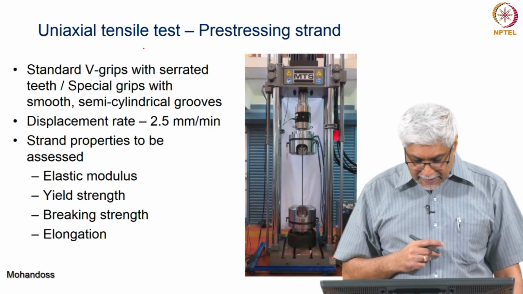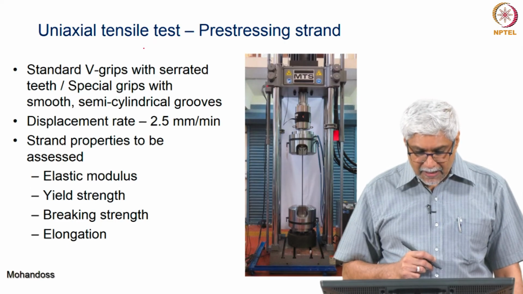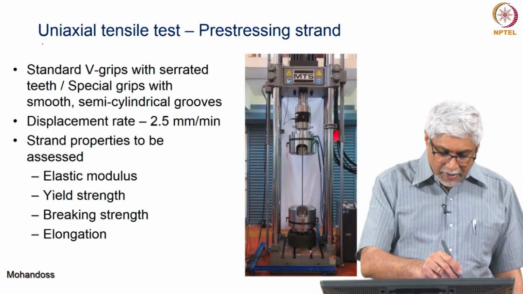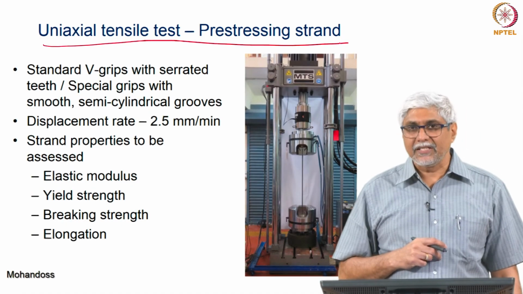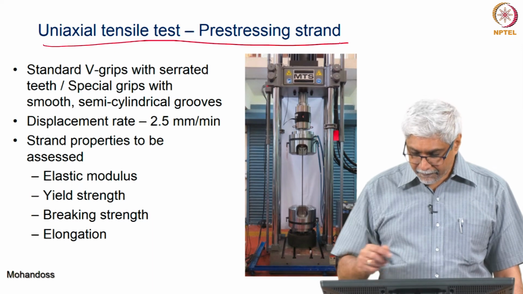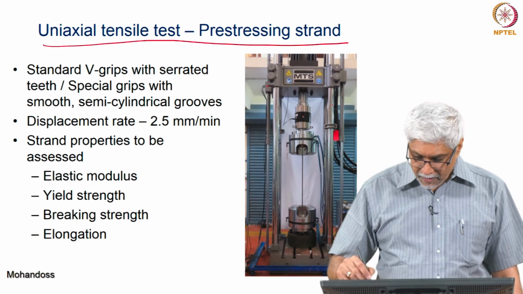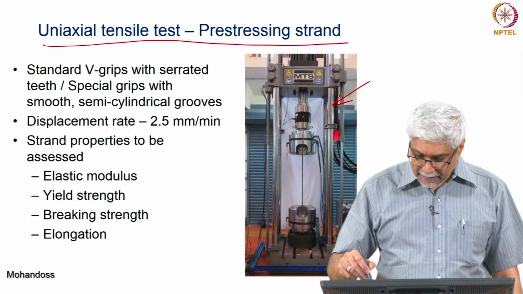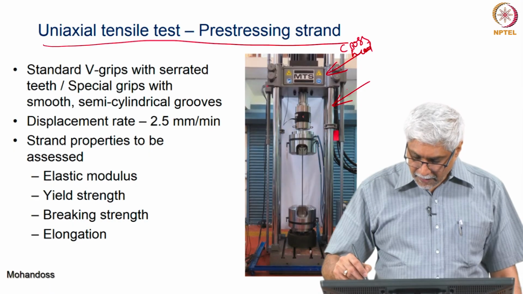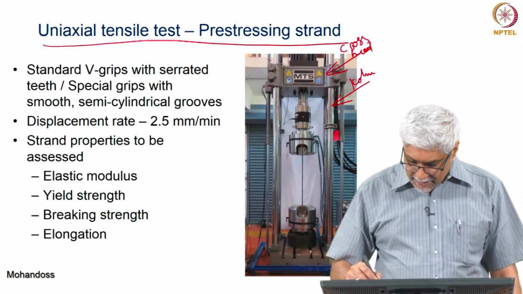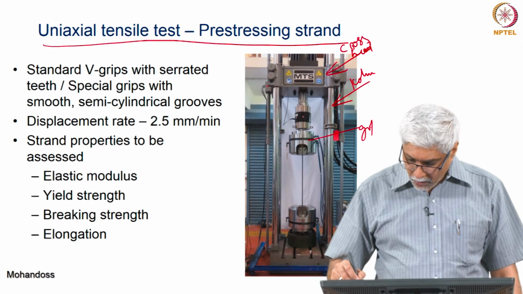Now, these are some interesting tests of Prabha Mohandas, who is looking at uniaxial tensile behavior of pre-stressing strands. This is the image that I showed you right in the beginning. This is the frame, these are the columns, and this is the cross head, and these are the grips holding the strand.